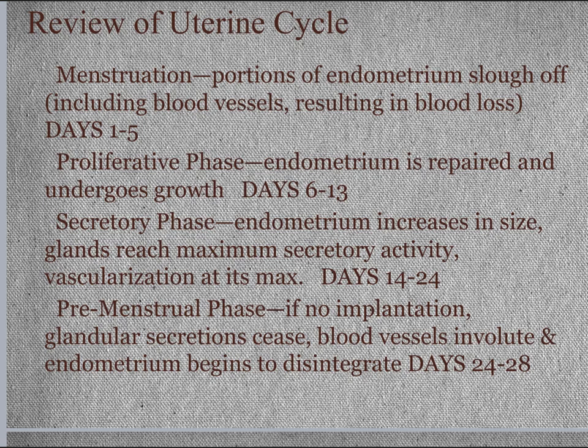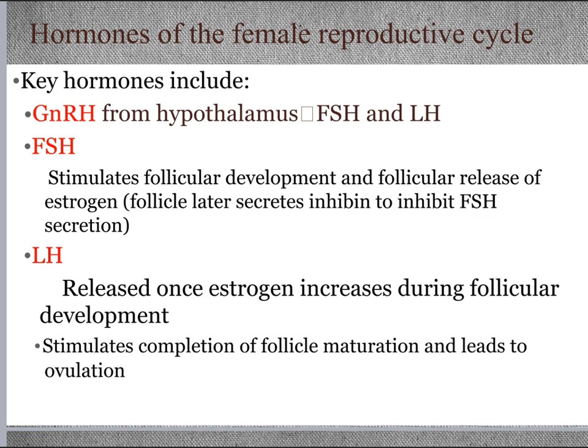Then we have our premenstrual phase, days 24 to 28. If we get no fertilization and no implantation, glandular secretions cease, blood vessels involute, and the endometrium begins to disintegrate and prepare to slough off.